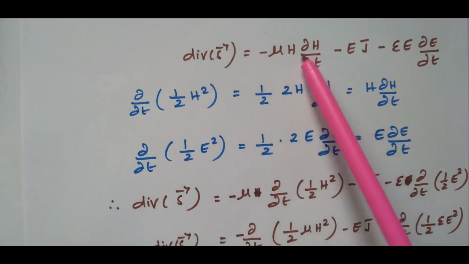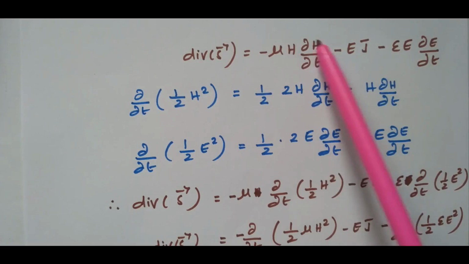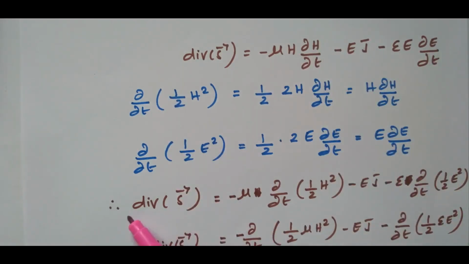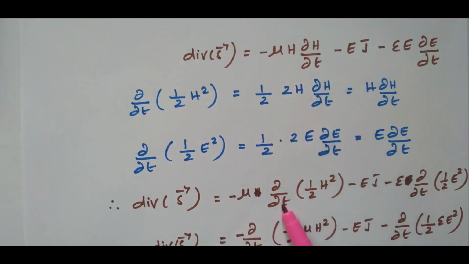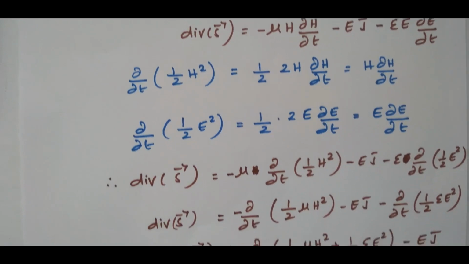So divergence of S vector equals minus mu times dou by dou T of half H square, minus E dot J, minus epsilon times dou by dou T of half E square. Now it is replaced, and we'll go for further simplification.